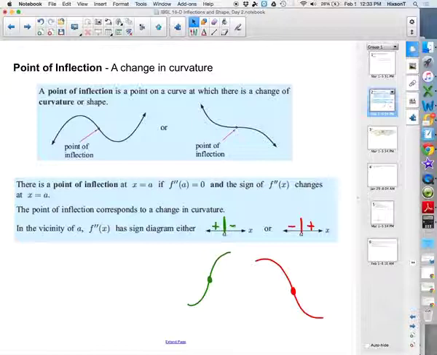And then, miraculously, the pilot wakes up. The point of inflection is like that moment when he wakes up and grabs the stick and pulls back. Because the moment he pulls back, he's slowing down that downward acceleration.